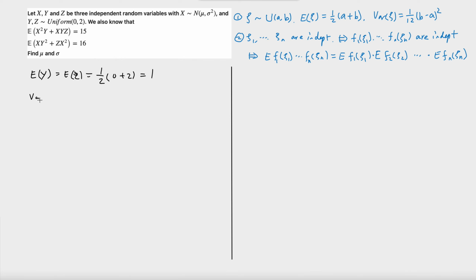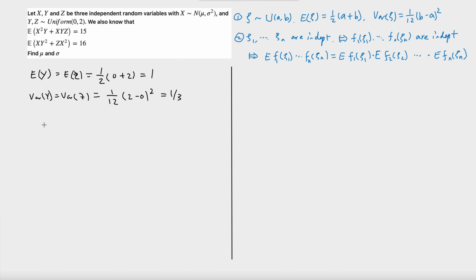Now the variance of y and z, using the second formula here, is equal to 1 over 12 times (2 minus 0) squared, which is equal to 1/3.